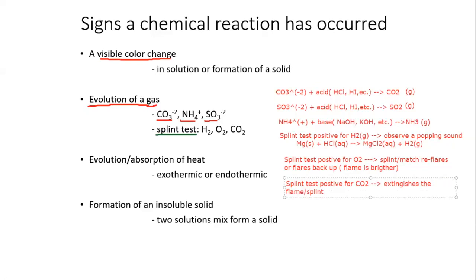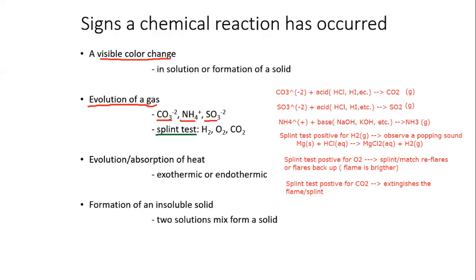This is because CO2 does not support combustion. That's often what's found in fire extinguishers, CO2 gas or a form of CO2, because it doesn't support combustion, it puts out the flame. So this is how the splint test can identify hydrogen, oxygen, and carbon dioxide gases.